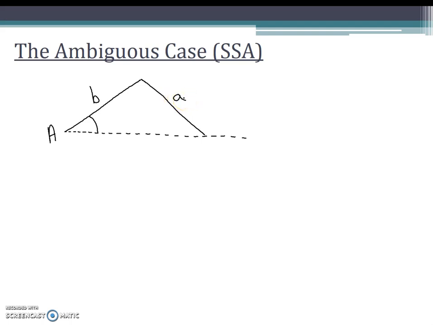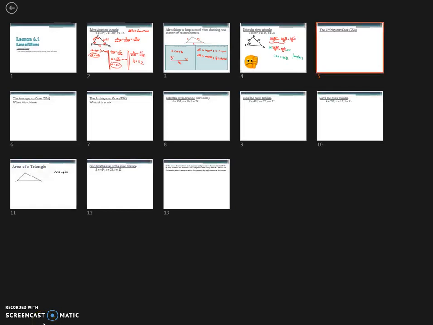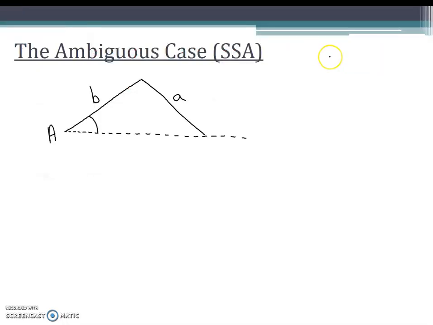So the information in SSA that you're given is little a and little b and big A. An angle, side opposite of it, and one side next to or adjacent to the angle. And so what you really need to consider is a couple of questions. You need to ask yourself, how big is A?